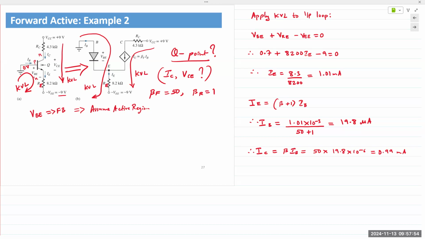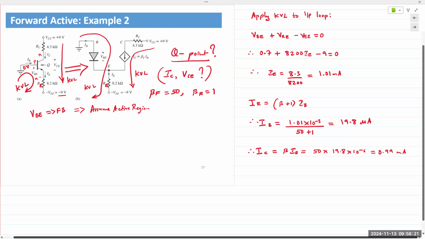So you have to keep these three things in mind. IE is the largest current. IC should be very close in value to IE, and IB should be approximately 1,000 times smaller than IE and IC. If it doesn't align with these three points, then there might be an error somewhere in the calculation.